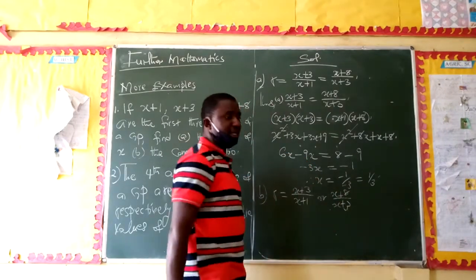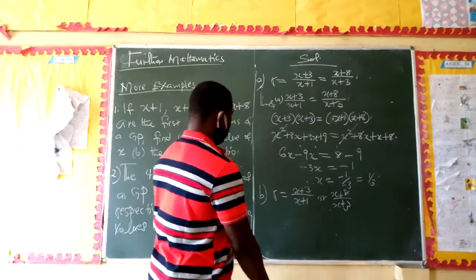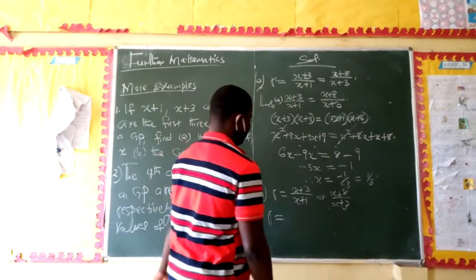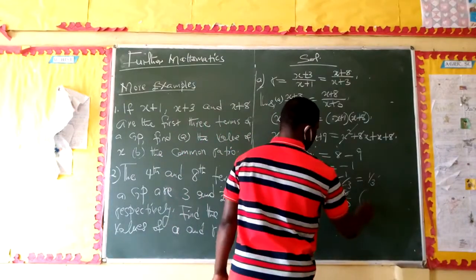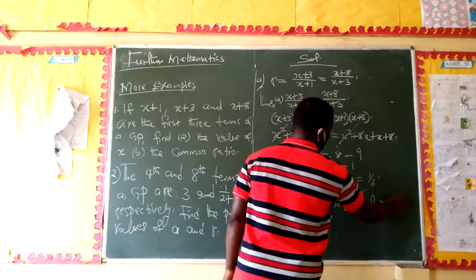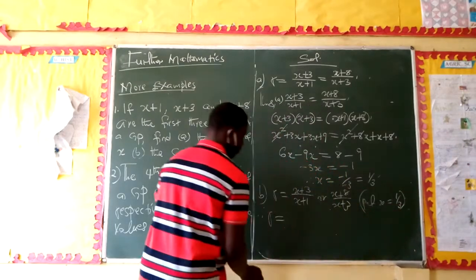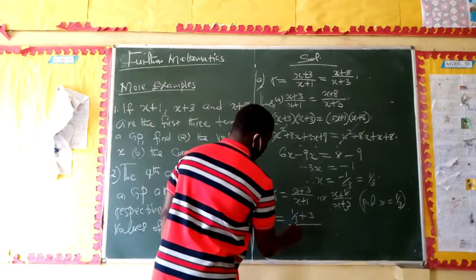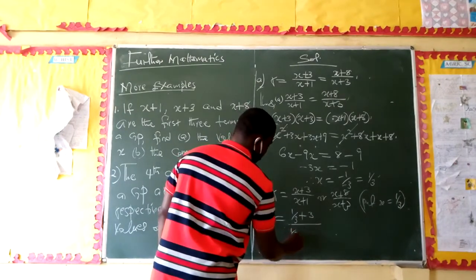Take any one and you get the same answer. So therefore, we have R is equal to, put x is equal to 1 over 3 in it. So we have R is equal to 1 over 3 plus 3, over 1 over 3 plus 1.